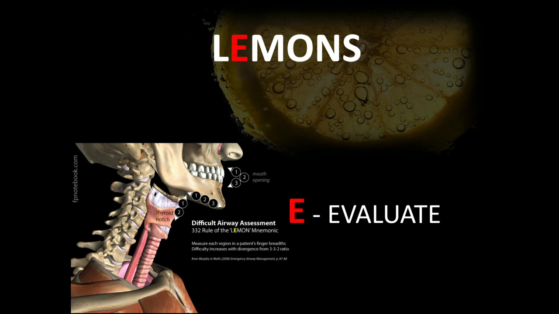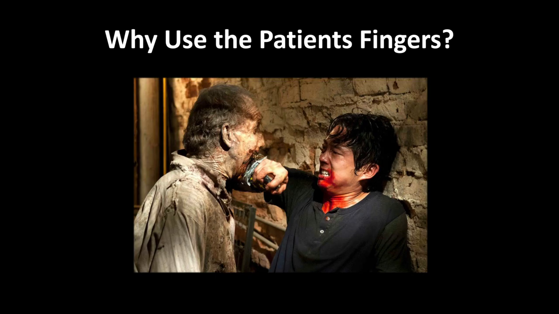In my experience, some airways that I evaluate that appear to be, or that I would assume to be, difficult have been very easy. And in contrast, ones I felt would be easy were more difficult. So why would we use the patient's fingers and not our own? Well, obviously, we want to be safe. It's just like when you look at burned surface area and we're doing the rule of palms: you're supposed to use the patient's palm size.